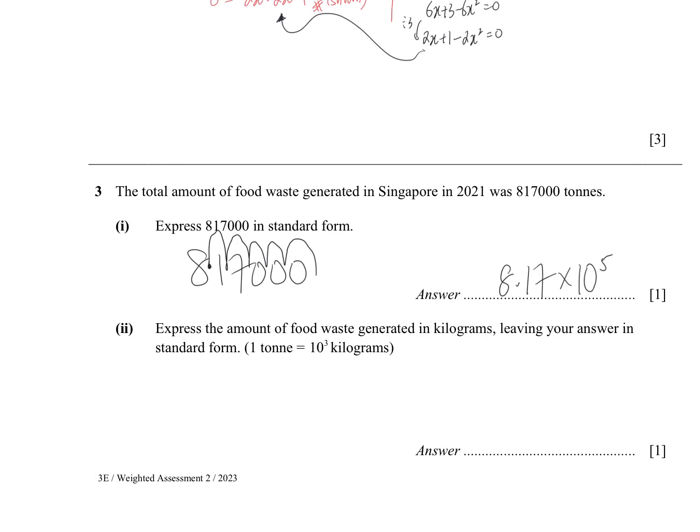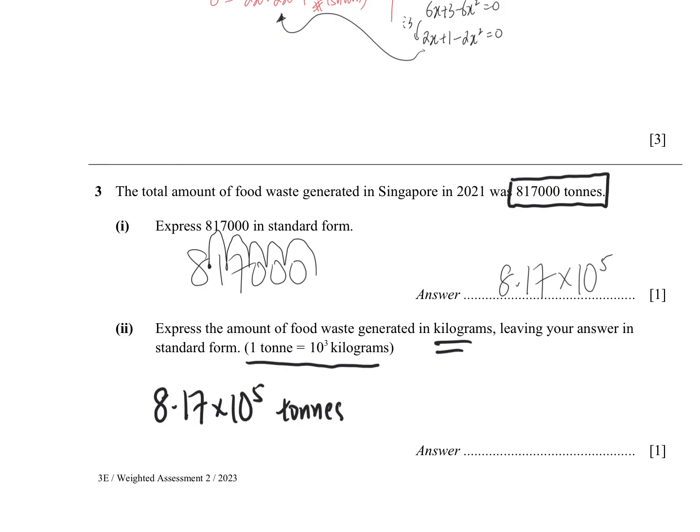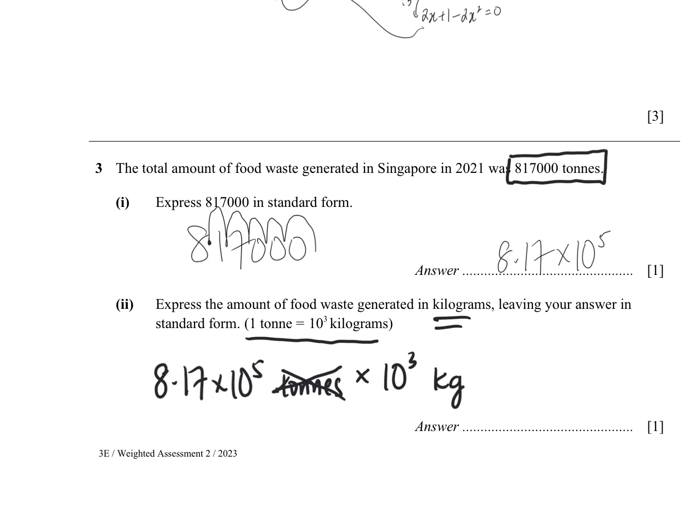Next one. They say, can you change this to kg? This is in tons. I want to change to kg. So this is the answer I got from part 1. This is in tons. So if I want to convert to kg, I need to times 10 cube. So if I combine these two, then I add up these two powers, my final answer is 10 to the power of 8.